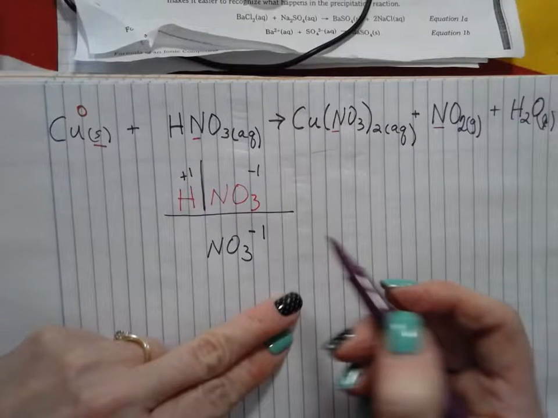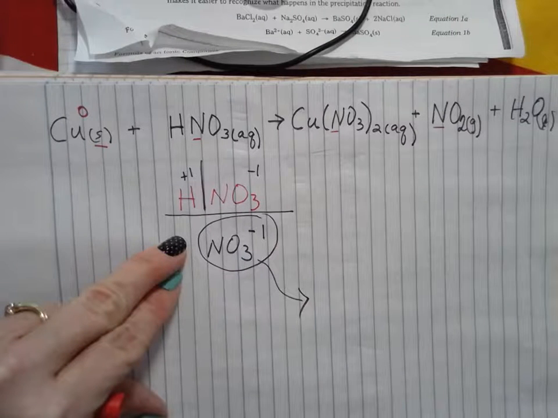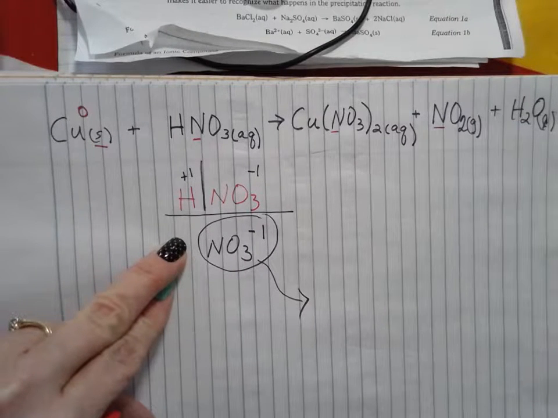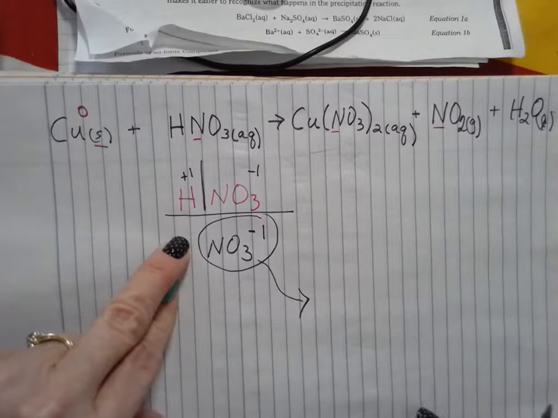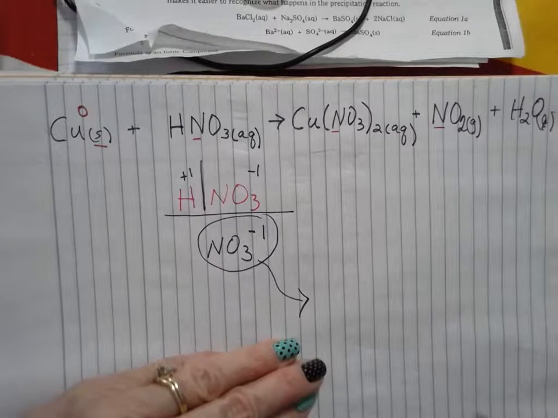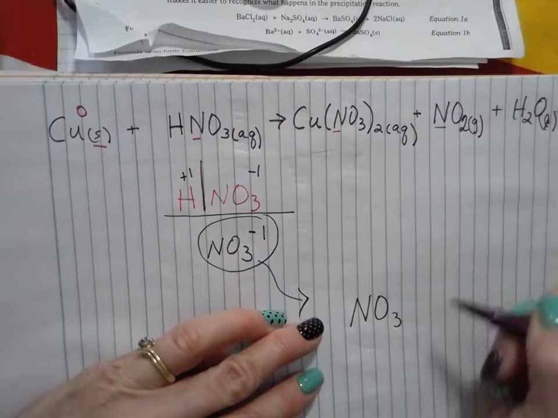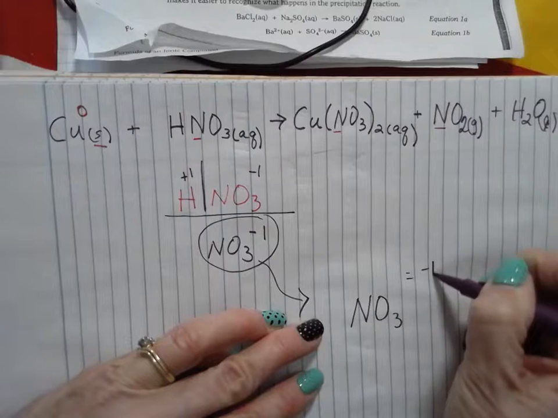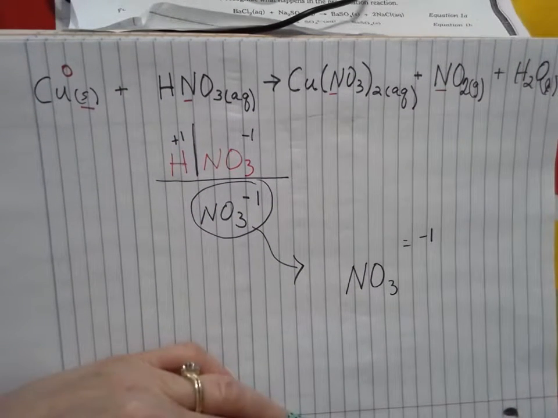So I'm going to pull this out and work on it, because I need to know what is the charge on the nitrogen and what is the charge on the oxygen there. So nitrate overall has a -1 charge. And I know that because of memorizing, right?